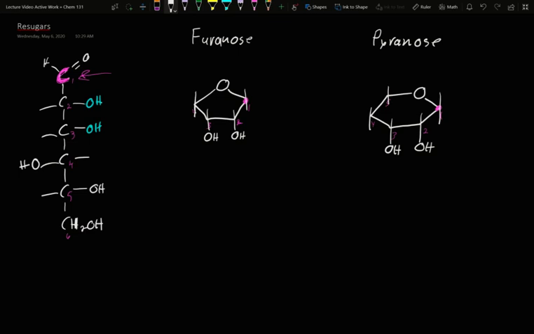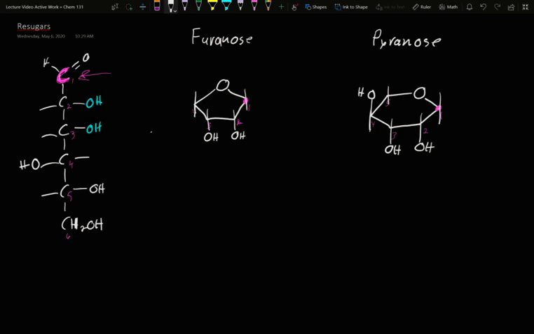Carbon 4 is where we run into something different, because on the pyranose, 4 is just part of the ring. And so it has its up and down, and an OH is still attached. It was originally on the left, and so a left OH is going to be up in the ring.